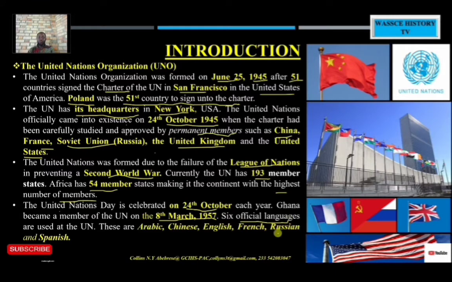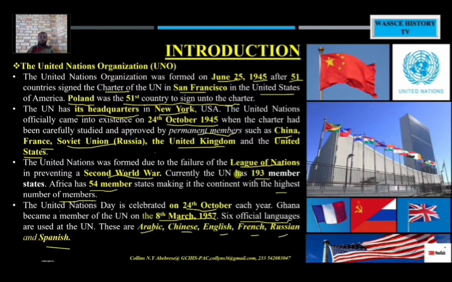Now, 6 official languages are used by the UN. So if you go to a UN meeting, 6 official languages are accepted on the floor: Arabic, Chinese, English, French, Russian, and Spanish.